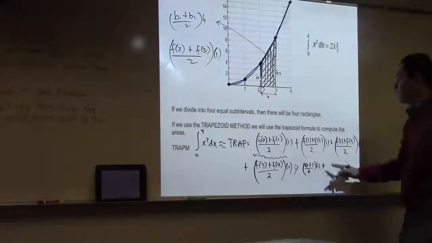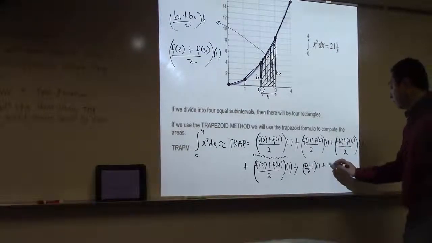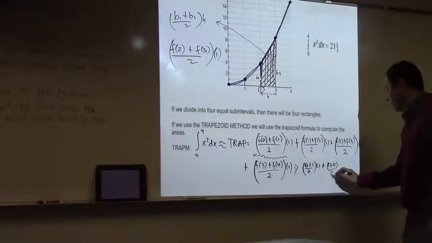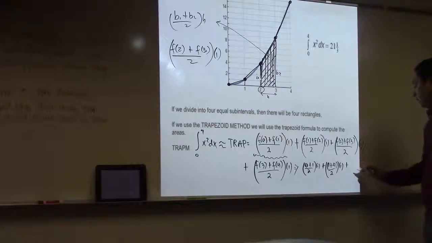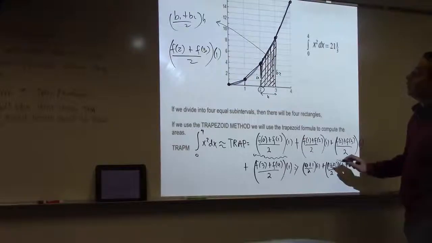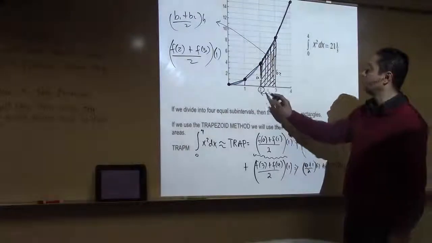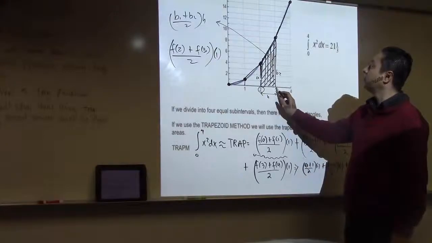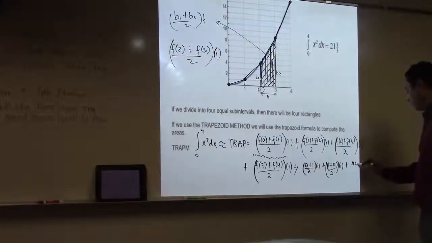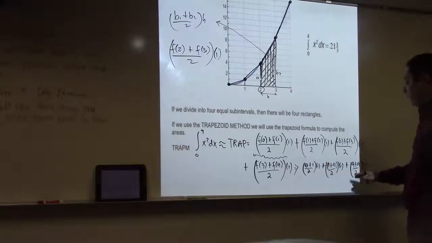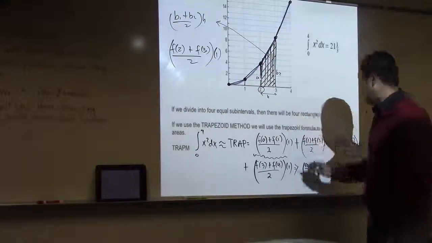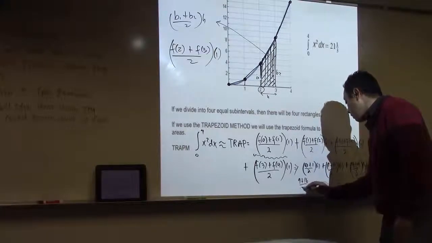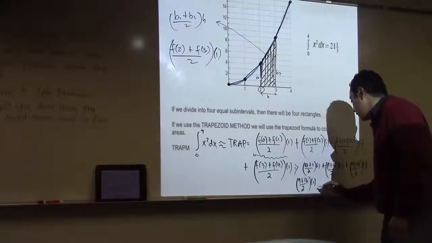Plus, doing the second one, that's 1 and 4, cut it in half, times 1. 4 and 9, cut it in half, times 1. So the 1, 2, 3, I need one more. 9 and 16, cut it in half, times the height.